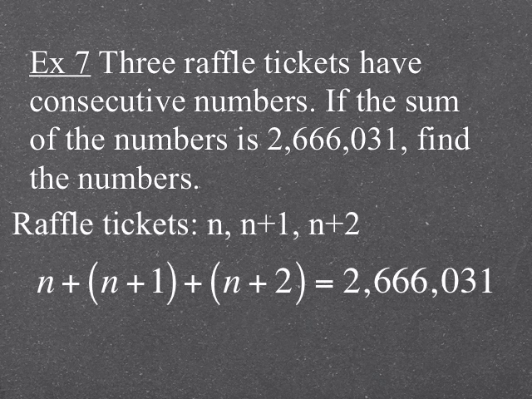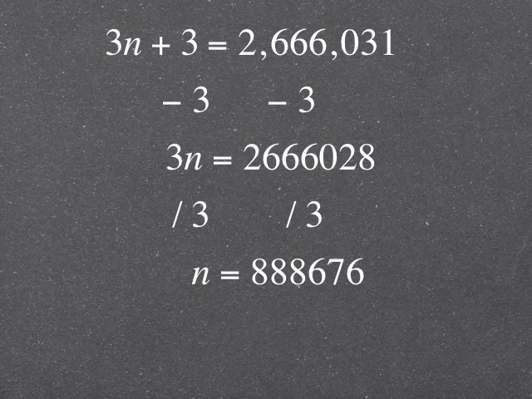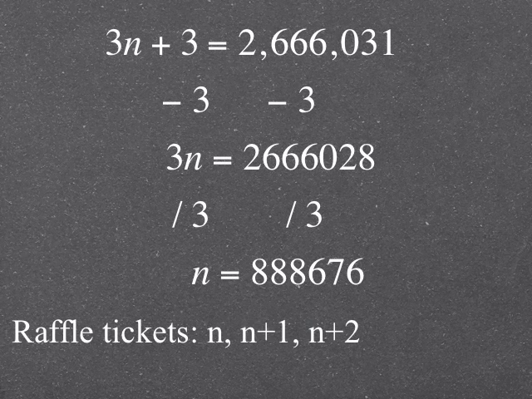Again, solving the problem is not the hard thing here. It's just getting the equation, and that's what I want to focus on. There is your solution if you'd like to see it. Go ahead and pause it and take a look. And there it is big if you'd like to see it big. So now that I have n, I can answer the question.